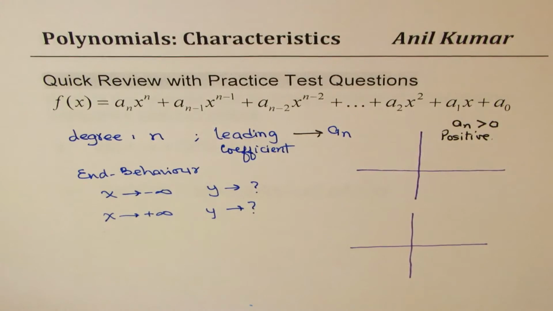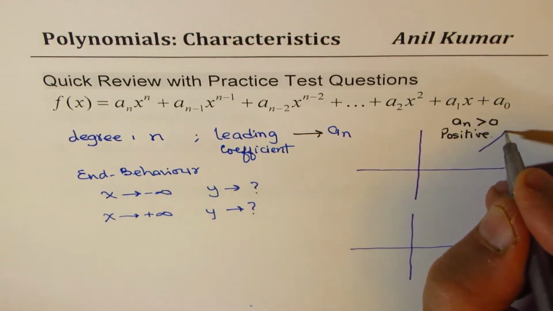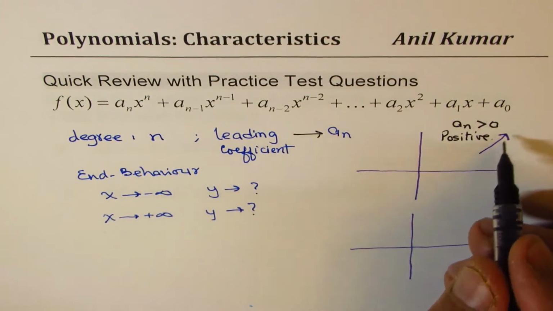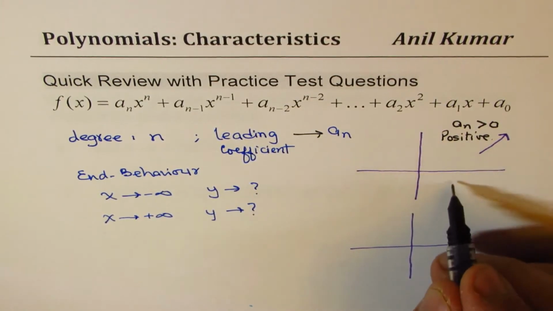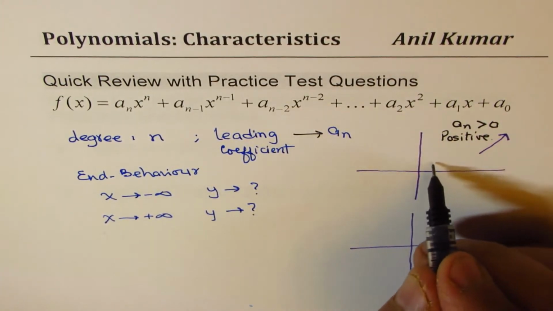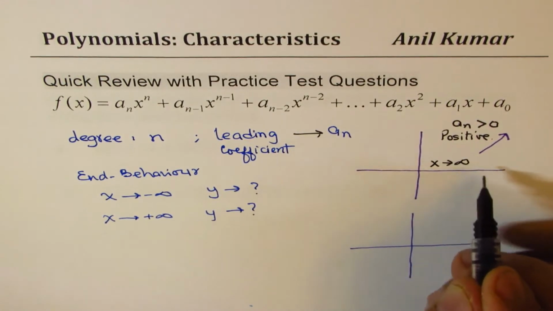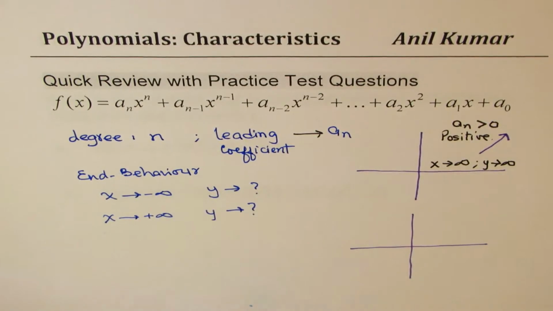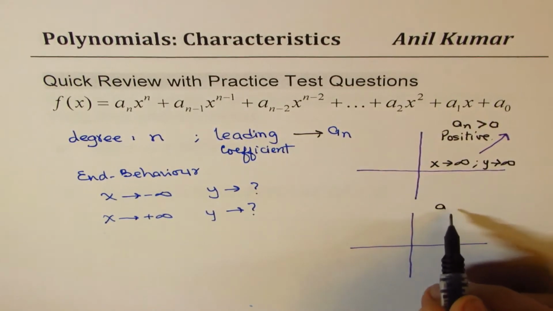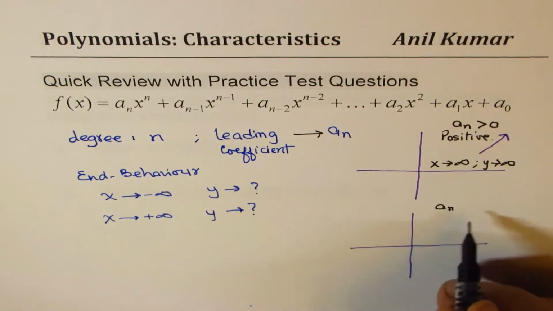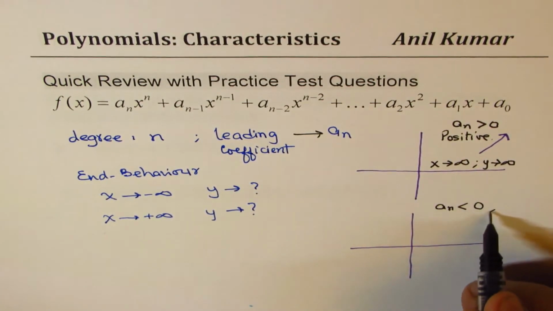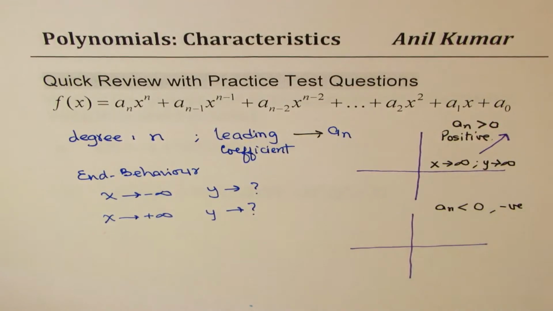In that case, the graph is right side up. Do you see that? So we say in that case, the end behavior is that if x approaches positive infinity, y approaches positive infinity. Perfect. On the other hand, if an is less than 0, that means it is negative, then the right side is down, right?